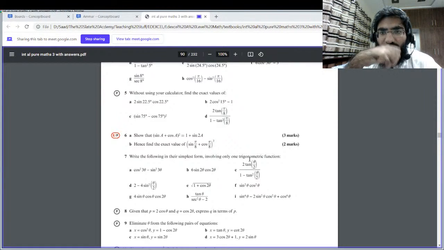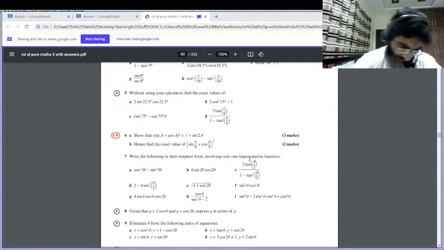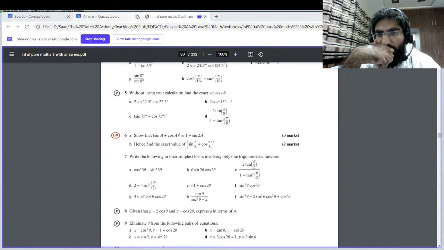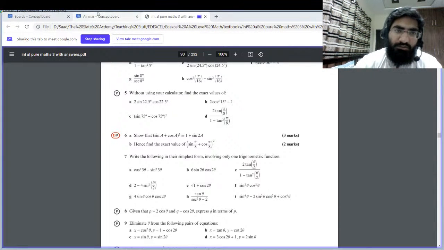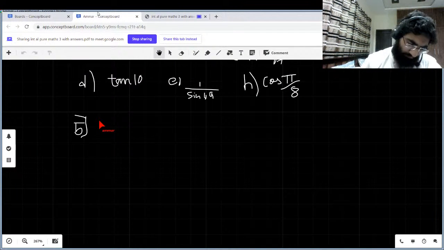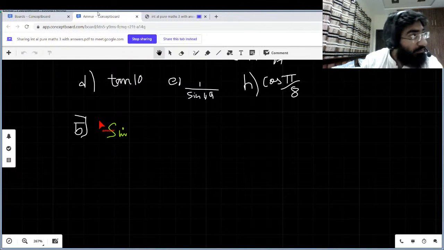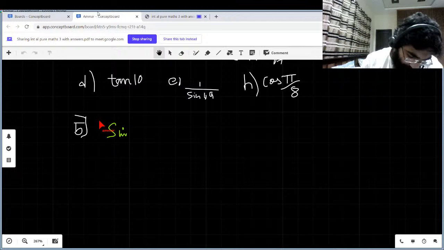So sine squared a plus cos squared a will become 1, and minus 2 sine a cos a will become sine 2a. I got what you're saying. Just repeat what you said. 2 sine a cos a will be sine 2a.